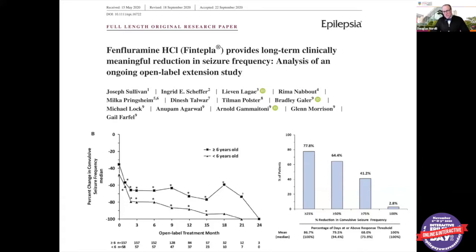And the answer is yes. It looks like it could potentially change the long-term outcome based on the basic science. So it's very exciting to think that medications at our disposal now, and that are coming up, may have potentially long-acting impact.